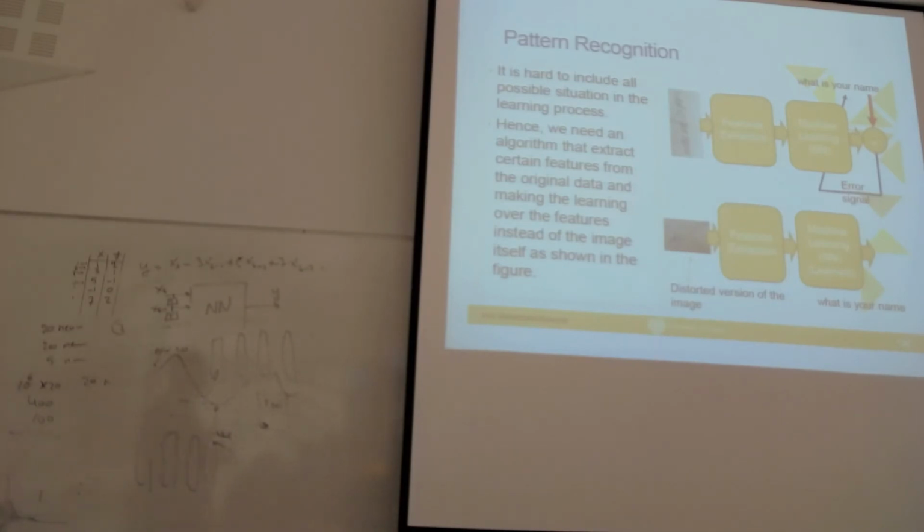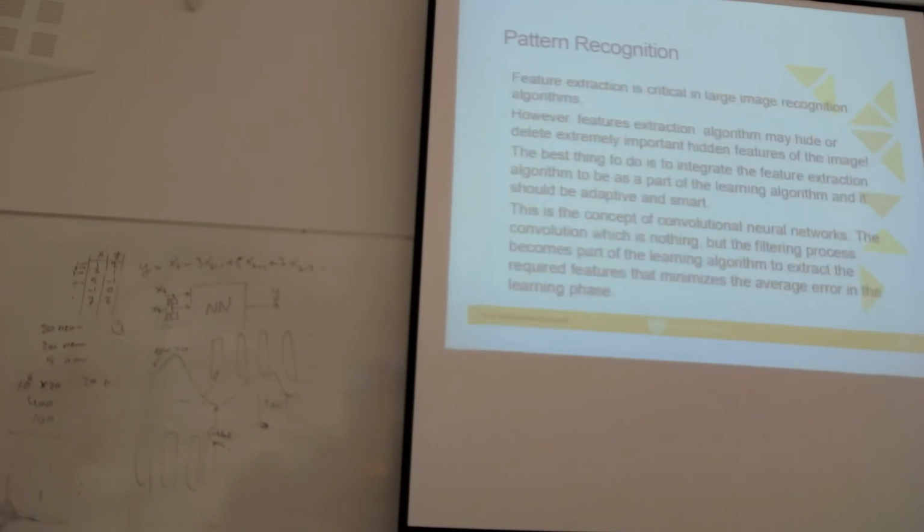So before deep learning, they were developing a lot of feature extraction algorithms in order to have these facilities or these features. In deep learning, we try to integrate the feature extraction as part of the neural networks.